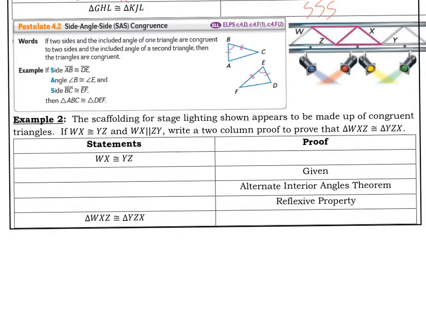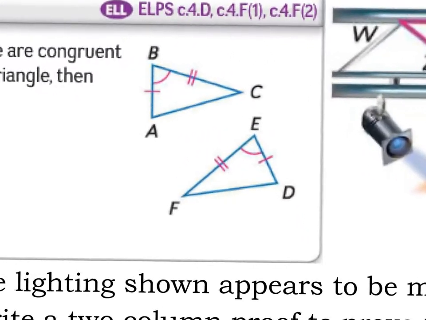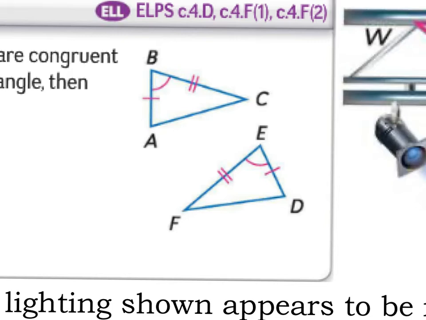So example 2 is going to deal with the side angle side congruence postulate. And so the side angle side, it's not just any side angle side. The angle has to go in between the two sides that are marked. So see how it says a mark here. So we'll call that side, angle, side, right?